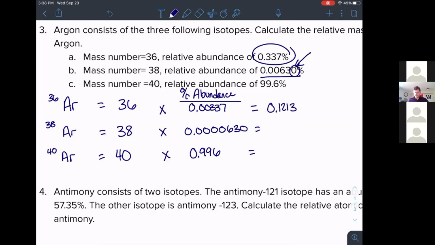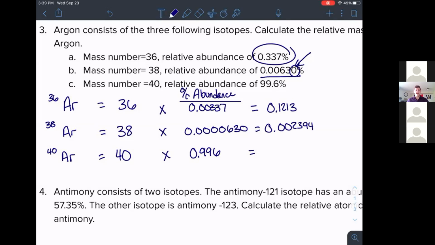The next one, we do 38 times 0.0000630. 0.002394.